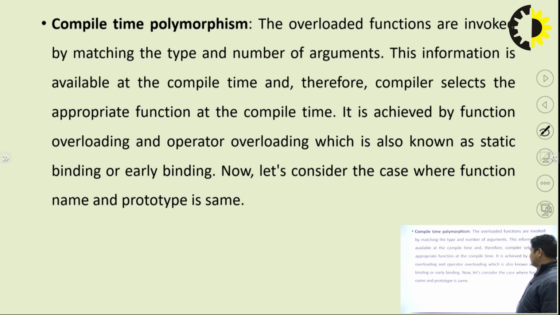Now let's consider the case where the function name is the same. This is called method overloading. In the case of method overloading, method signatures are different. It means the method name is the same, but the number of arguments and type of arguments are different.